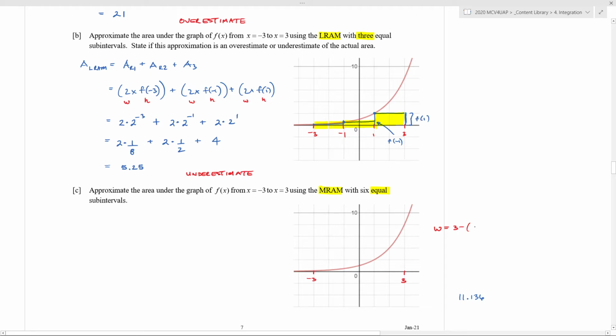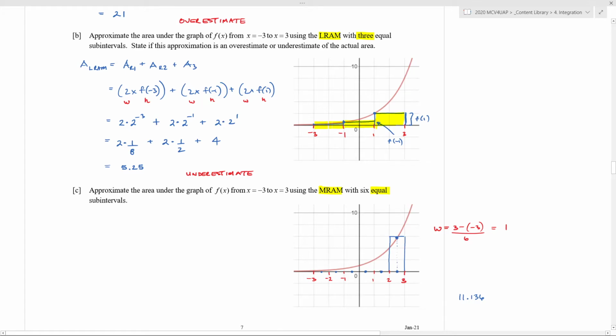And I need to use the midpoint. So the midpoint of each subinterval is going to be like here for the last one, there for the second last one. Everywhere I draw these blue dots, from each one of those blue dots, I would go up to the function, and that is what forms my height of that rectangle, because it's a midpoint approximation.